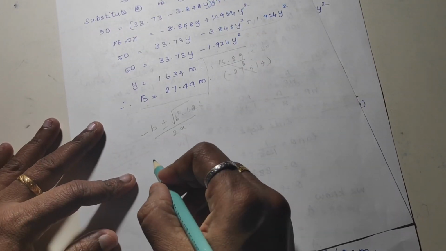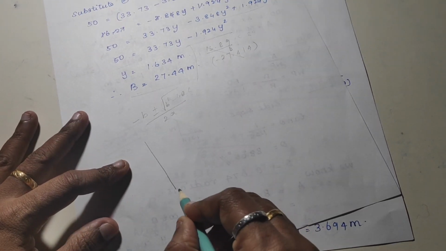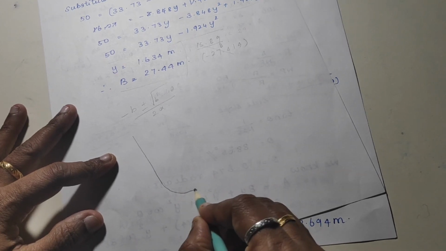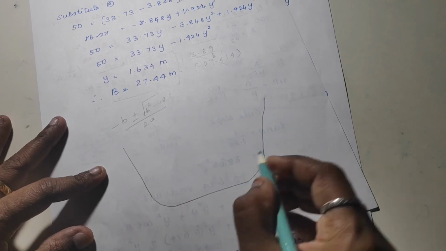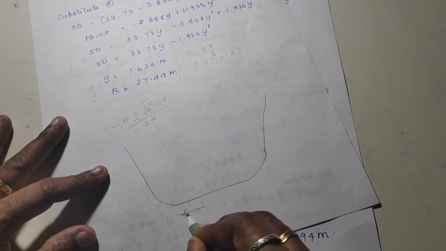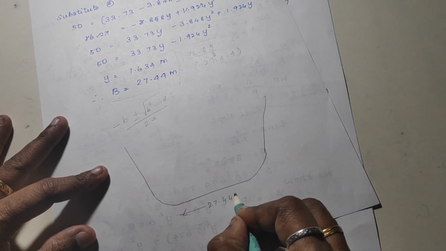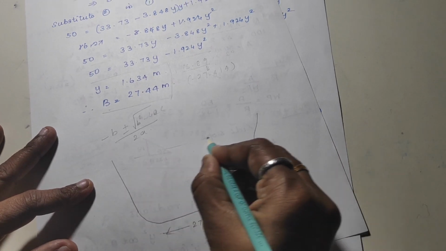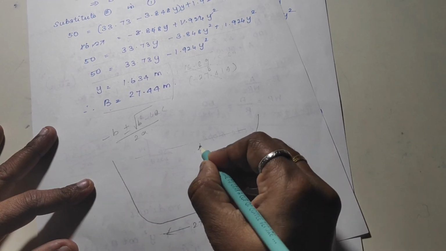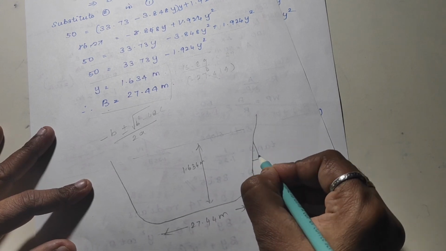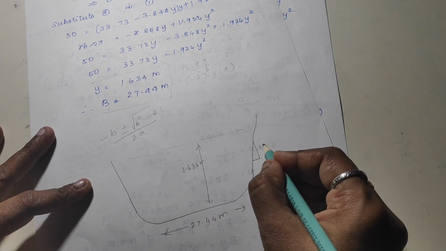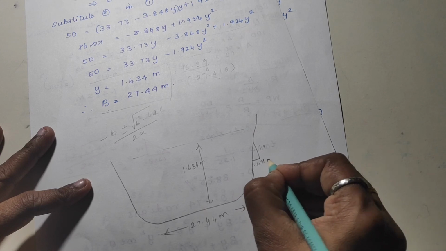Okay, finally you have to draw the diagram. So you have to provide one curve here and horizontal, and a curve here and a side slope. Okay, the width is 27.44 meter and the depth is, what is the depth we have found, 1.634 meter, and the side slope it is given 1 vertical to 1.25 horizontal.